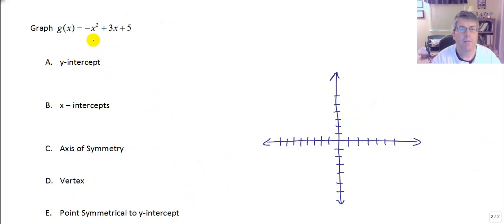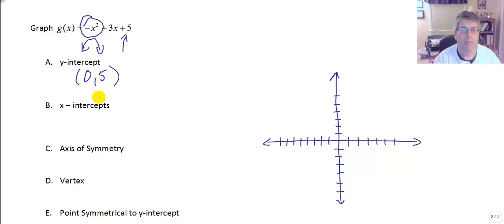This final sample, I will leave this one for you to do, but I'll get you started on this. We have a negative x squared, so I know this parabola is going to open down. The y-intercept is at 0, 5.